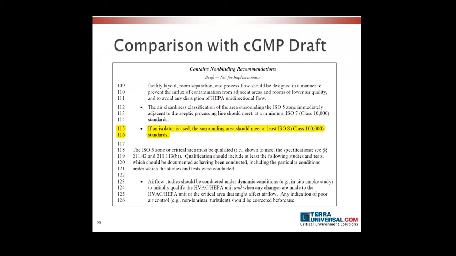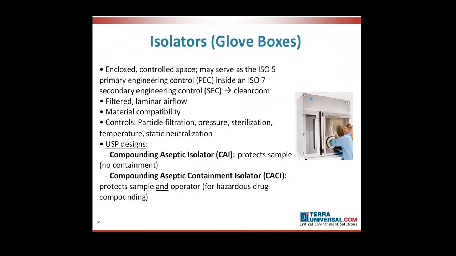This allows us to segue very quickly into the different types of primary engineering controls. Now, I think you're all probably quite familiar with glove box isolators, and these isolators will maintain ISO 5 conditions within the work area and also provide a secondary level of containment should a fan become disabled.